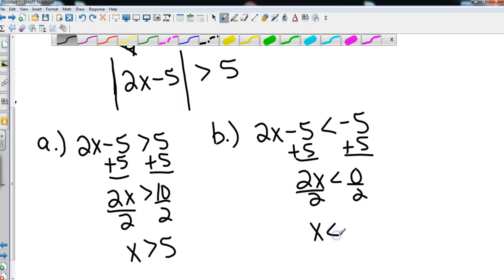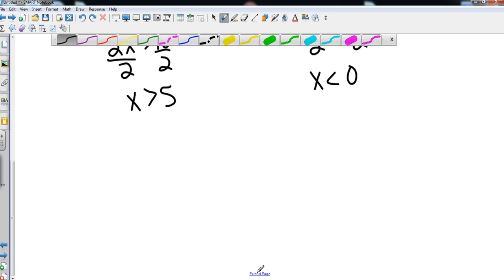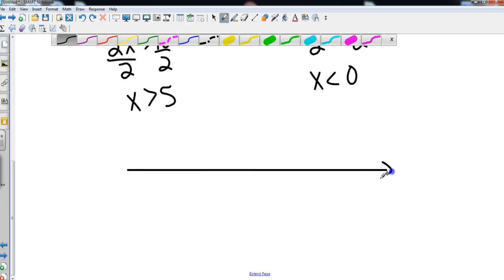That gives me x is less than 0. So now if I'm going to graph this one, I've got 0, I've got 5. It is greater than 5, but less than 0.